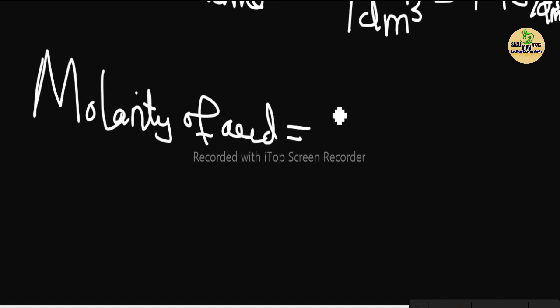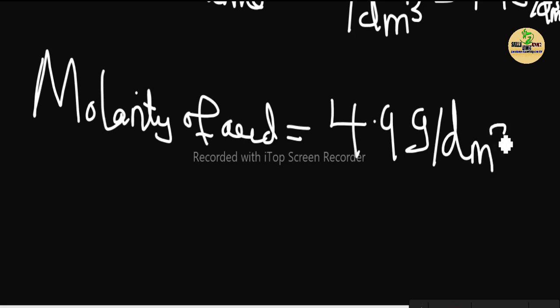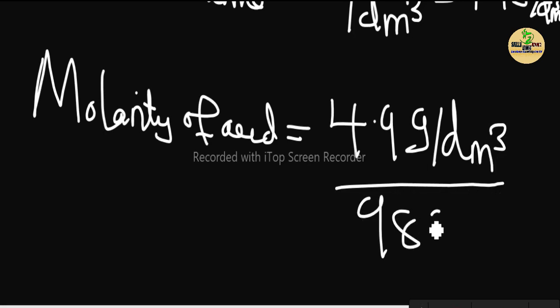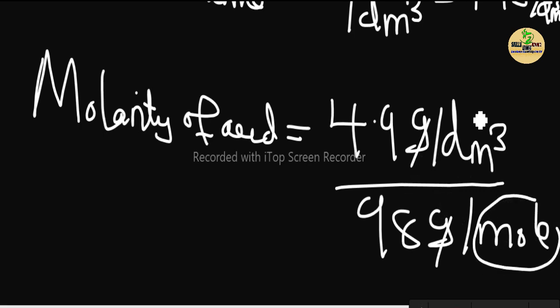So the molar mass is that one. So molality of acid is equal to 4.9 gram per decimeter cube divided by 98 gram per mole. It means this will cancel, will remain mole and decimeter cube.